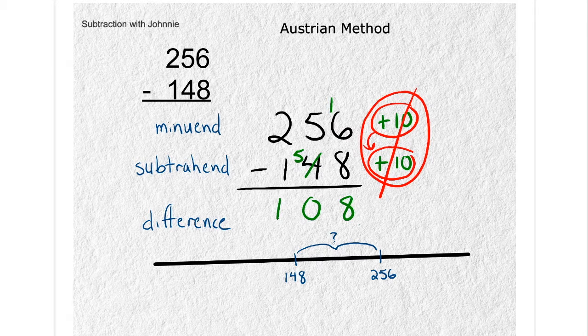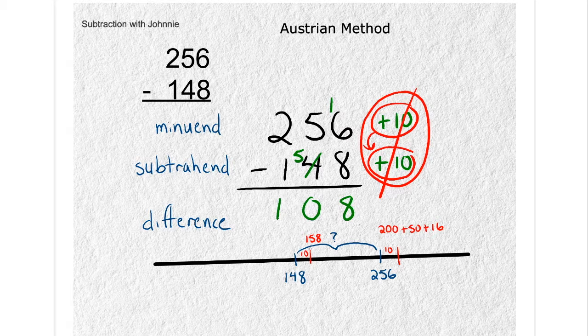Now with the Austrian method, what we're doing is we're adding 10 to each of them and essentially making this 256 into 200 plus 50 plus 16. We've added 10 here. With 148, we've added 10 to this as well, and we've made it into 158.